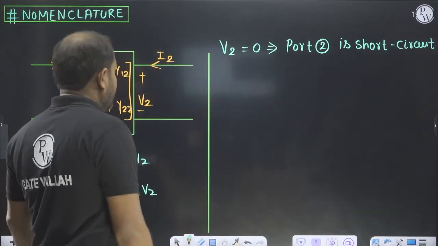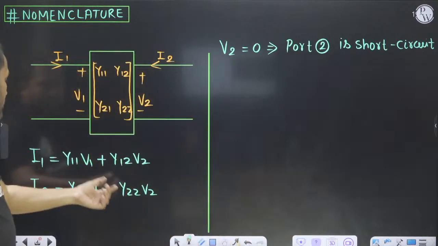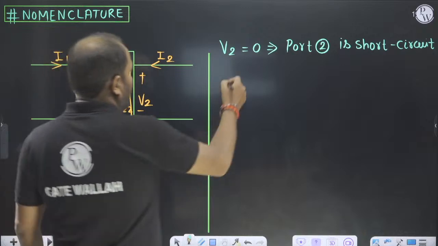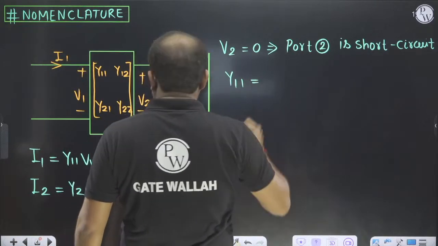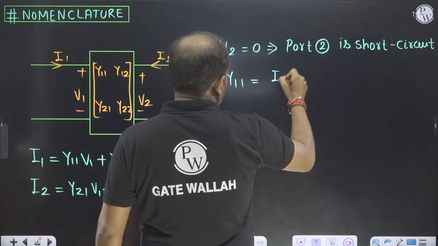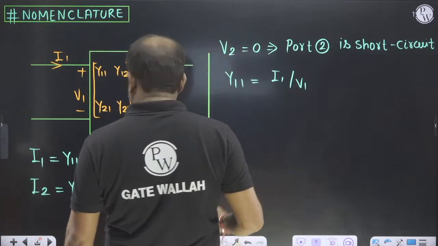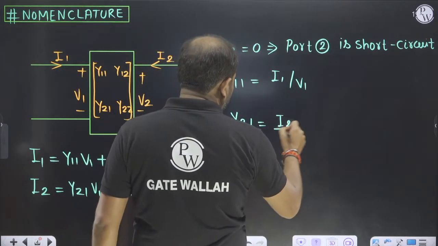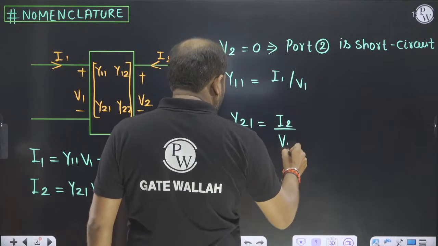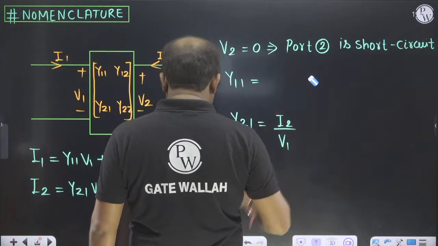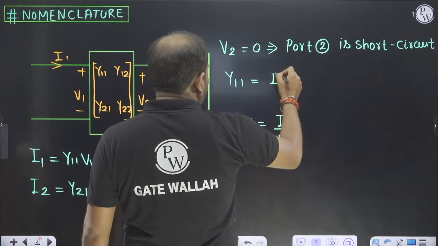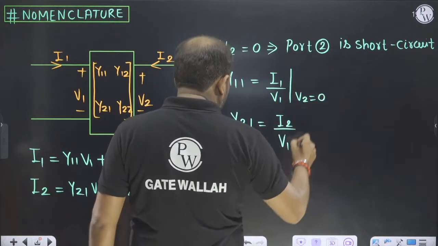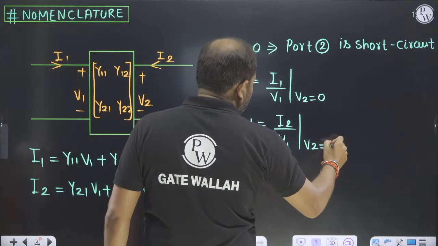Try to understand. When V2 is equal to 0, we will understand Y11 and Y21. So Y11 is I1 upon V1, and Y21 is I2 upon V1. What is V2 in this case? 0.